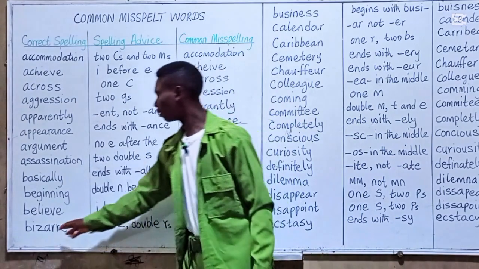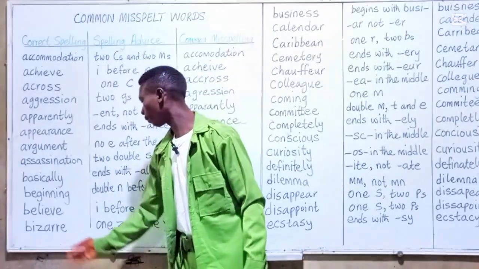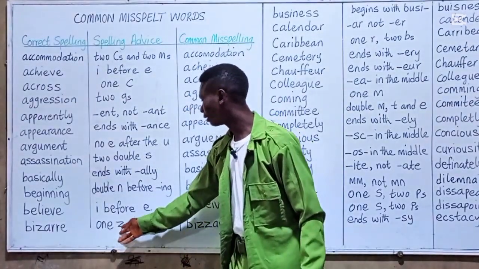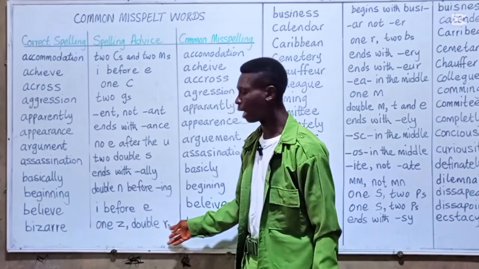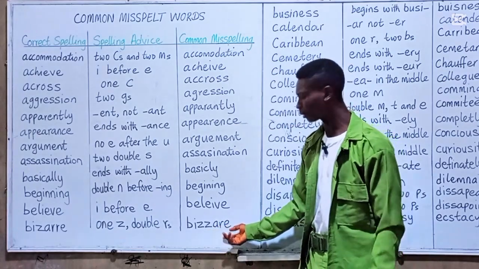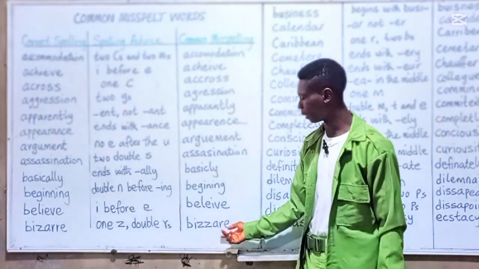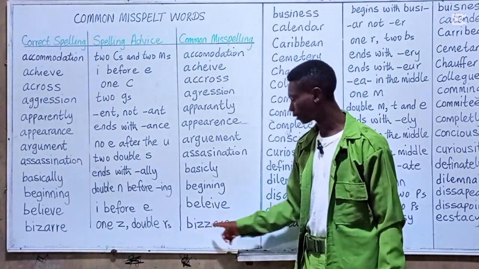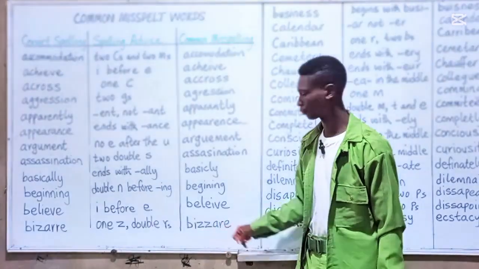You have also bizarre, as strange. In bizarre, we have one Z and two R's. If you look at this, it looks like it, but this is wrong spelling because we have two Z's here. It is one Z and two R's.